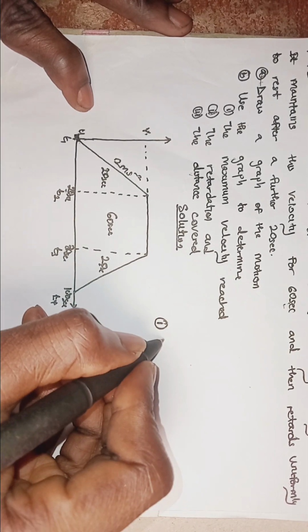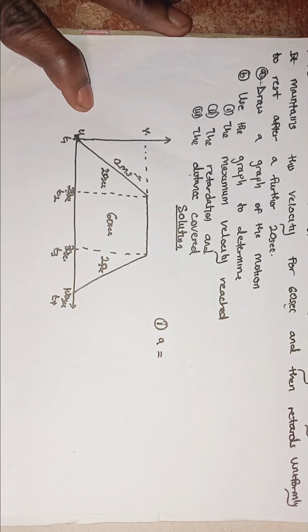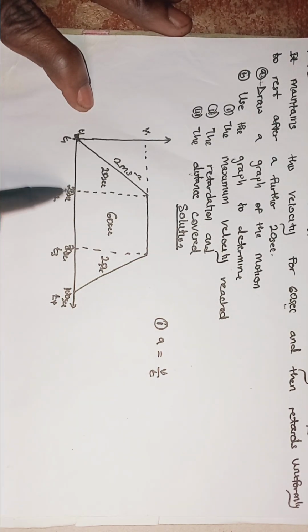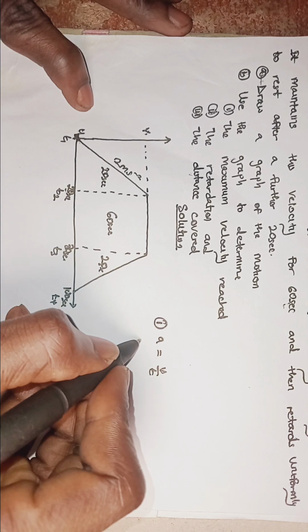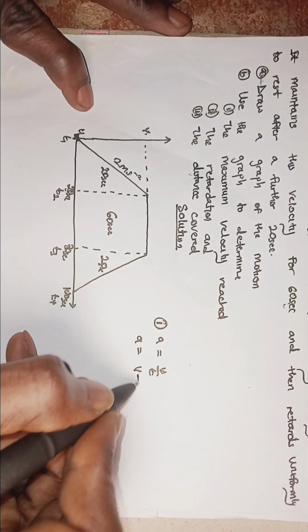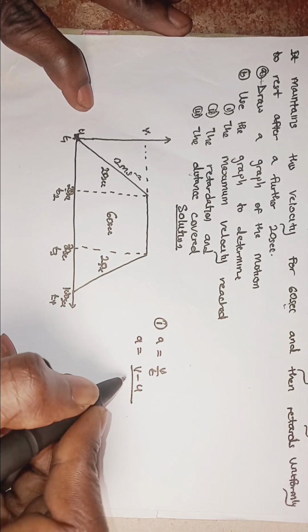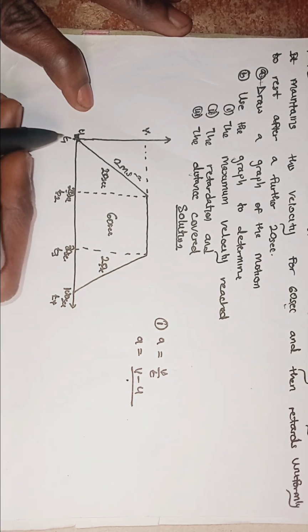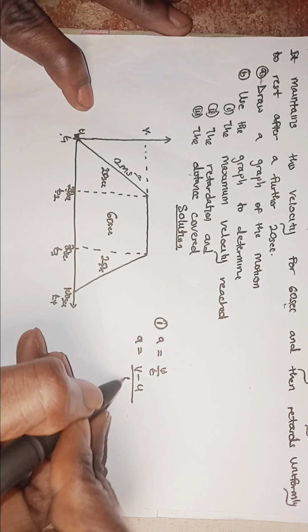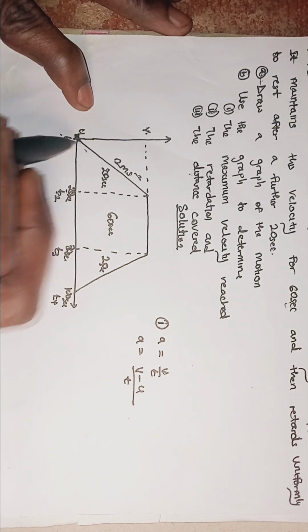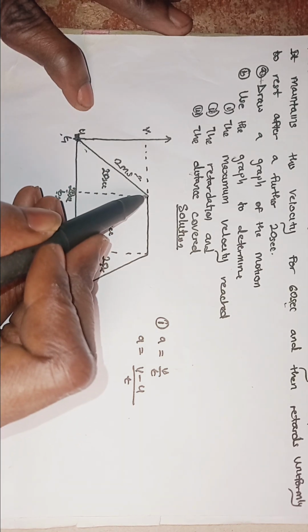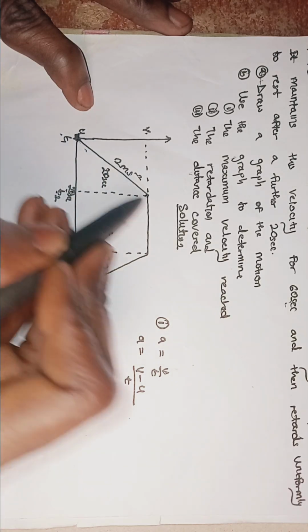So for the first one, let's copy it here. We denote acceleration as a, which is equal to change in velocity over time. From the graph, acceleration will now be equal to v minus u upon t. And don't forget, we have T2 and T1. Since this one is going to be zero, you can just copy only T, which is T2 here, because the time it takes this train to reach the maximum velocity is 20 seconds.